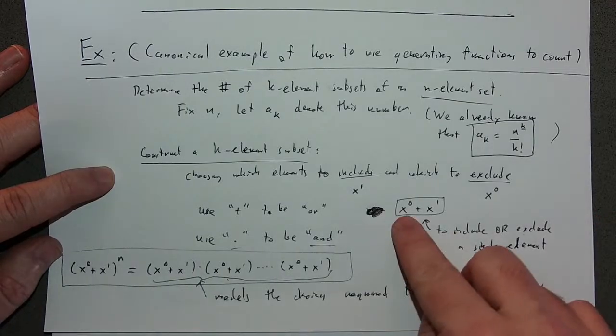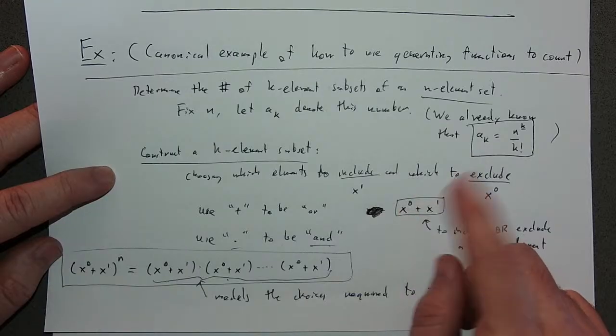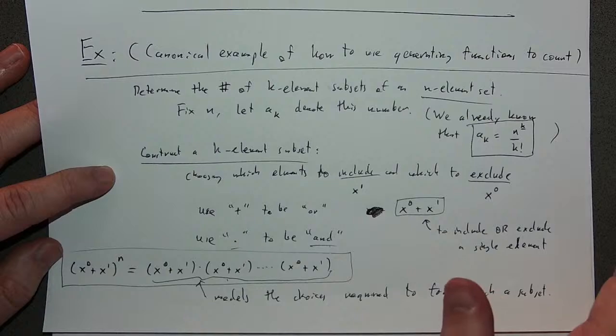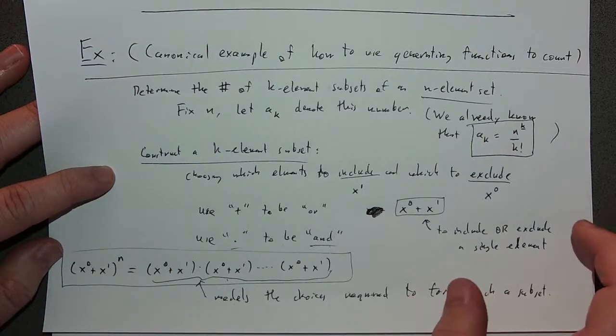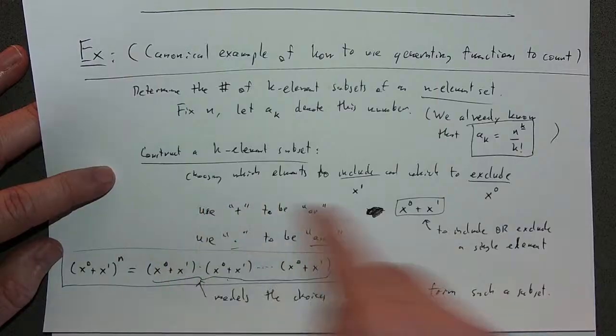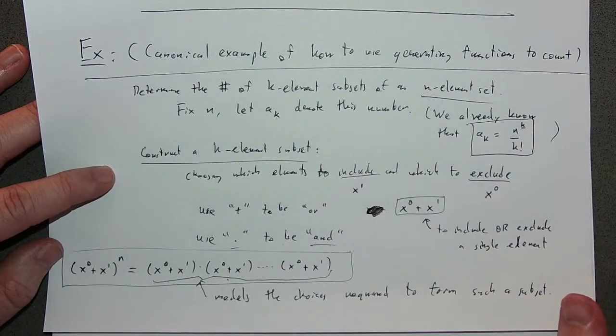You are writing down x to the 0 if you didn't select the element, and x to the first if you did select the element. You can either select or not select an element when you're building a subset of a set, right? So if your set has n elements, you go down the list of n elements and you either pick it or you don't, right? So this is a binary thing. You pick it or you don't.